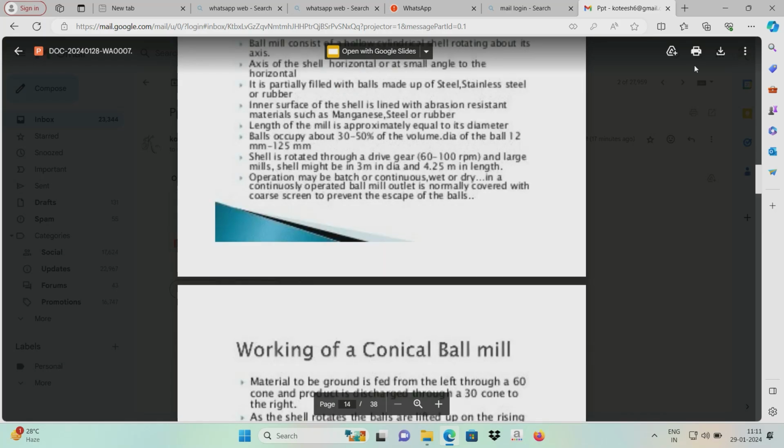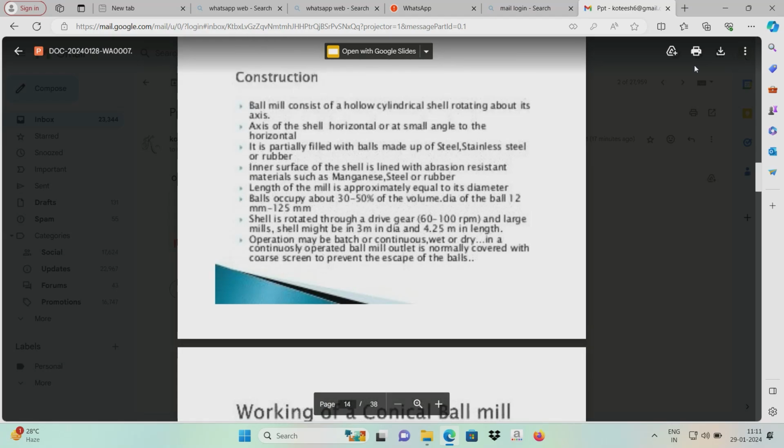And in the construction, I have given what range should be taken, how much percentage of the volume should be taken inside the sphere-like shell, and how many balls can be taken, in the range of 12 millimeter to 125 millimeter. Initially I told you the shell is rotated with the filled balls, and finally we get the powdered form.